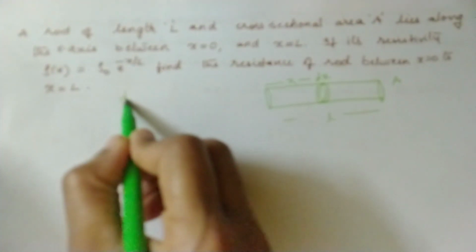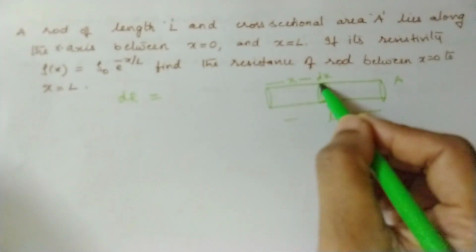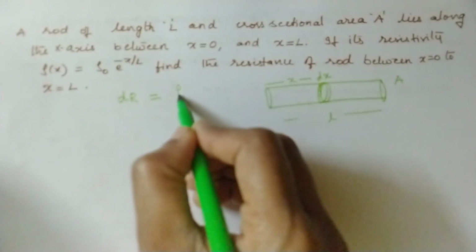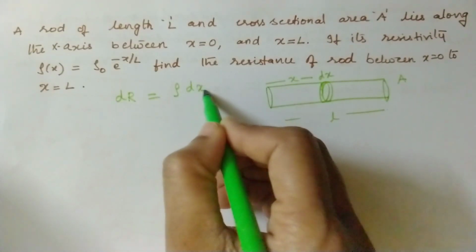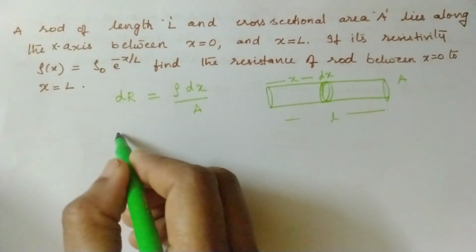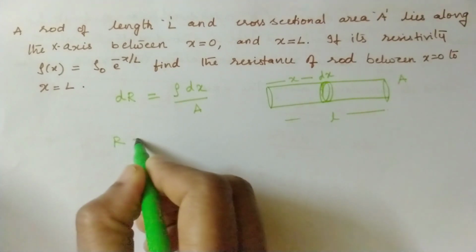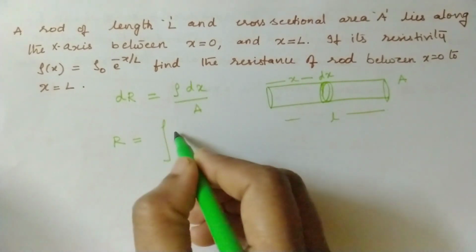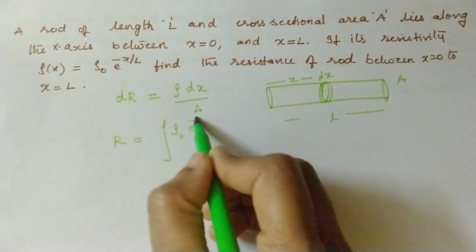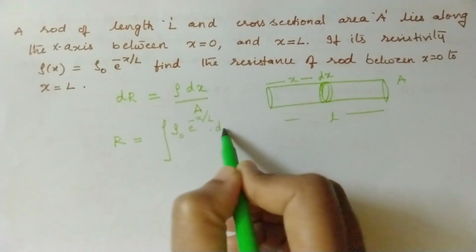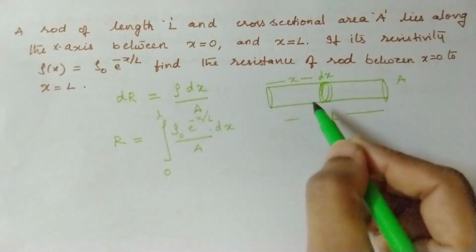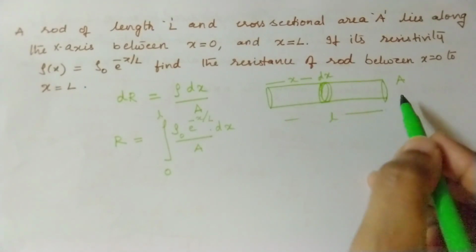The resistance of this small shaded portion is rho L by A, with length dx divided by the area of cross section capital A. Since we need the total resistance, it should be the integral of, instead of rho, the value given, rho naught e to the power minus x by L into dx divided by capital A. Limits are from 0 to L because we integrate from one end of the conductor to the other.